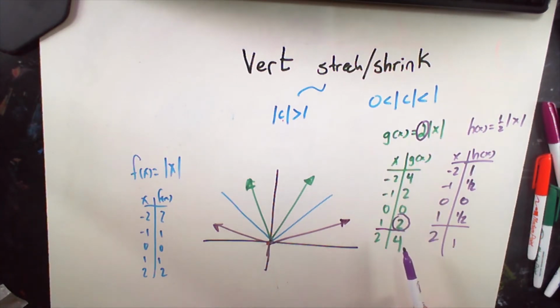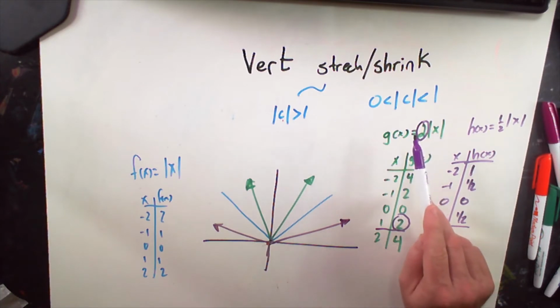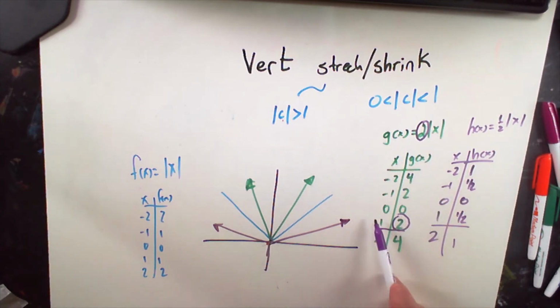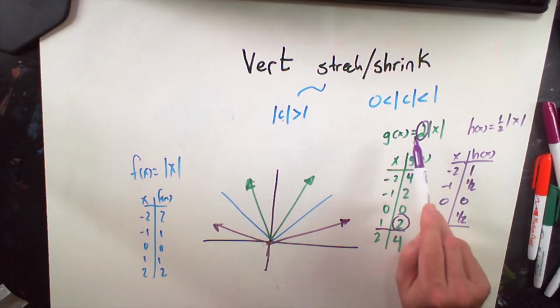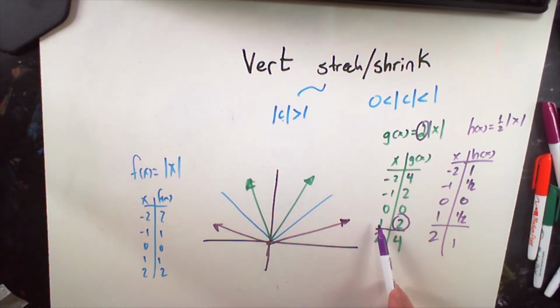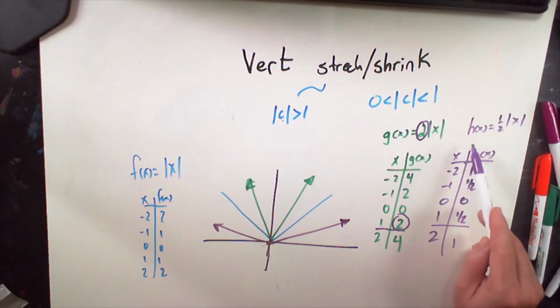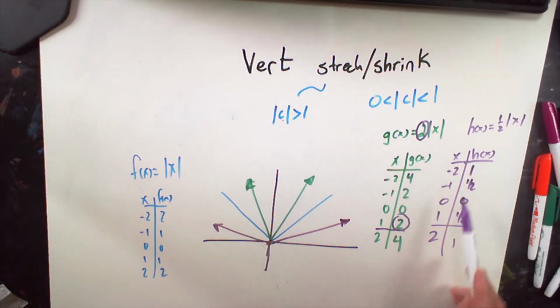And we'll look at several of those so that you can see exactly what I'm talking about. But this is where normally we have that 1, 1 point, but because we multiplied by 2, that's where that 2 comes from. Because we multiplied by 1/2, that's where that 1/2 comes from. And we will see how to put all this together in the next couple of minutes.